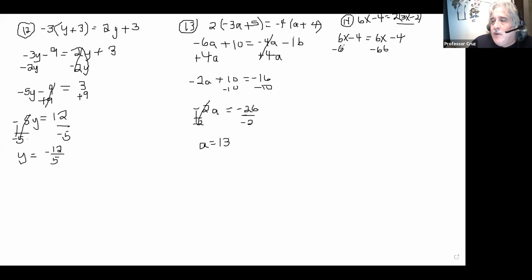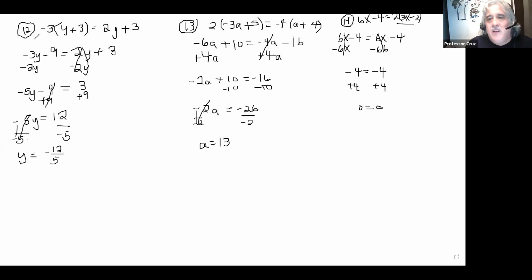If you try to collect the x's on one side, what happens? -4 is equal to -4. Oops, no more x. So this is the problem now. There's no x. All the x is gone. If you try to just do one more time by putting +4, you get 0 is equal to 0.